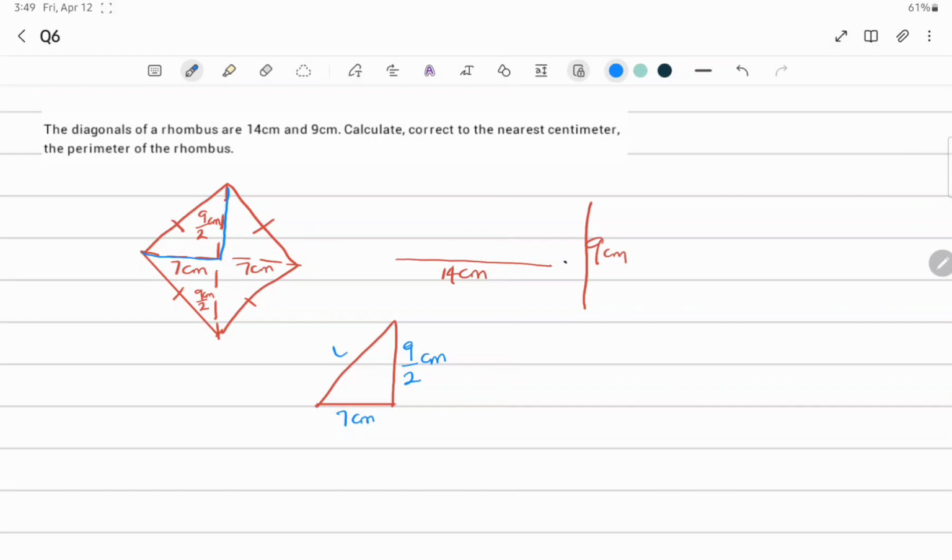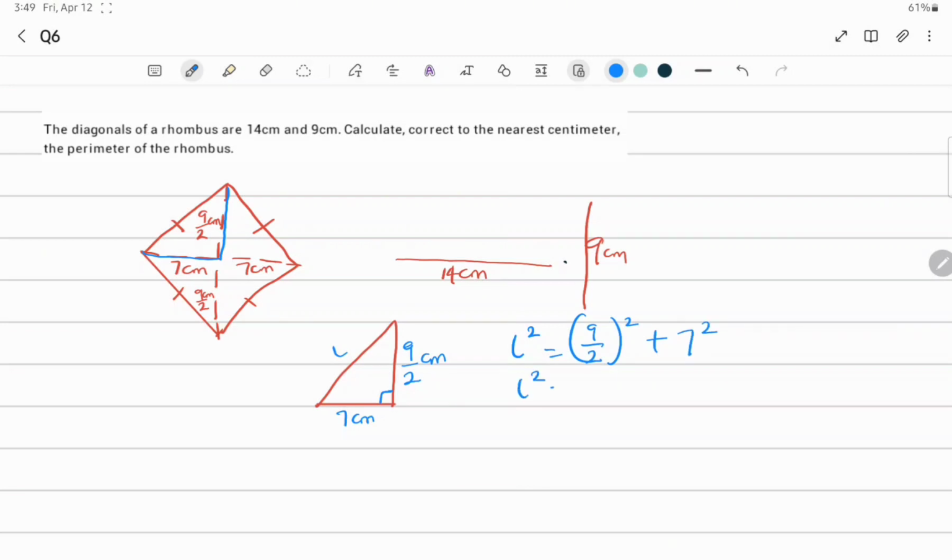So of course we mentioned that the diagonals of a rhombus bisect each other at 90 degrees. That means the angle right here is 90 degrees. And now you see that I have a right angle triangle, so I can work with Pythagoras theorem. That means the square of L is the sum of 9 over 2 squared and 7 squared.